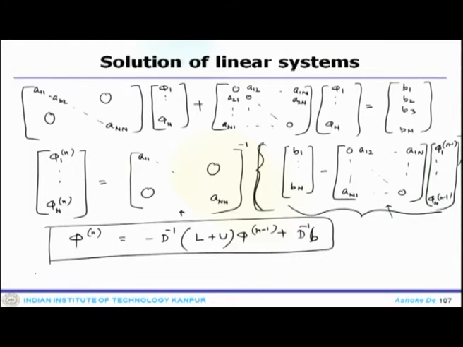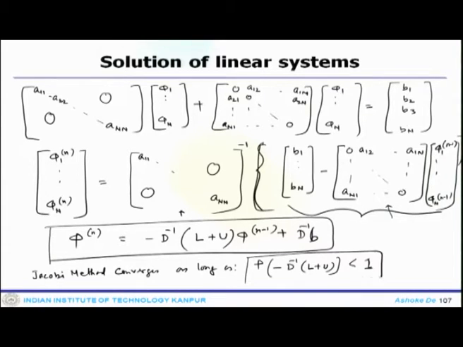Now this particular method, the Jacobi method, converges as long as the spectral radius of minus D inverse (L plus U) is less than 1. So as long as this condition is satisfied, this particular method converges nicely. This is the condition for a large class of matrices including diagonally dominant ones.